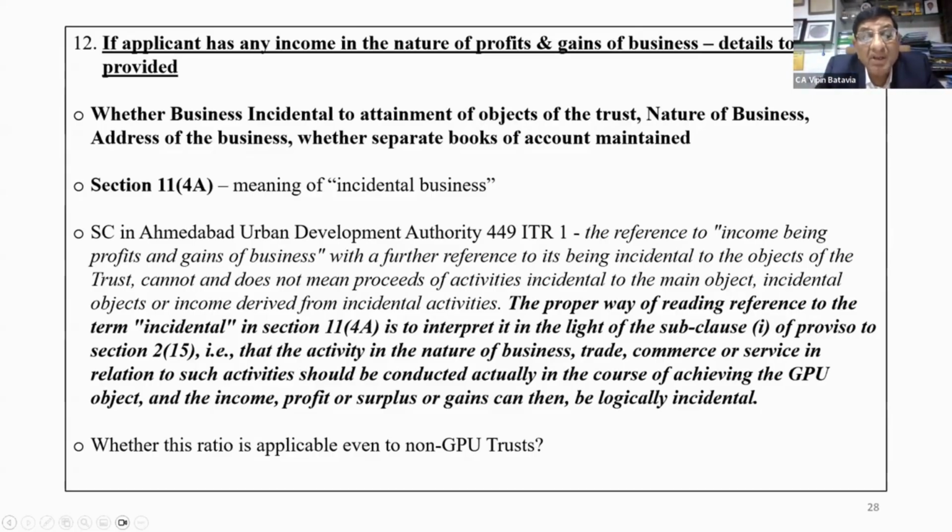It means the activity in the nature of business, trade or commerce, or services in relation to such activities, should be conducted actually in the course of achieving general public utility. Actually to achieve the general public utility services, and the object and the income, profit, surplus or gain can then be logically considered.